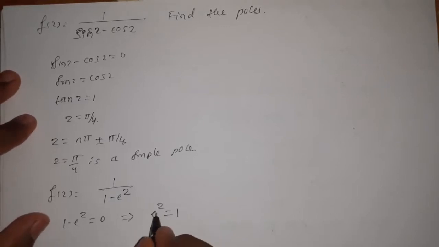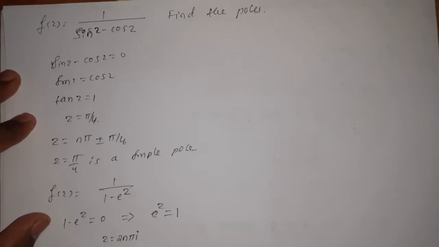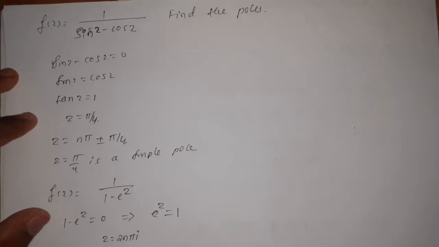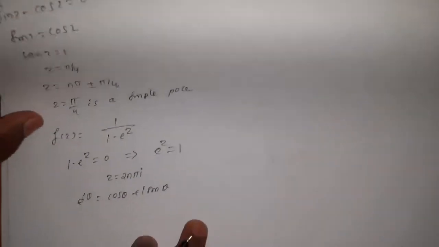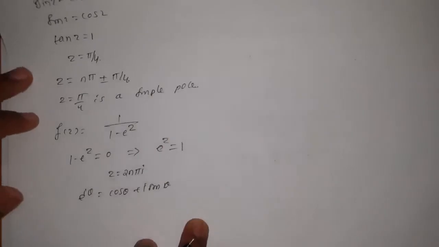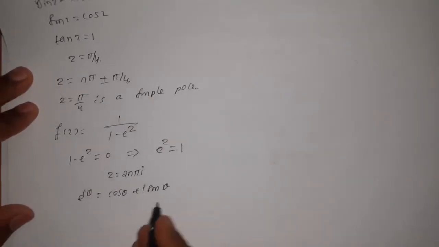So here this z can be written as z equal to 2n pi i, because we know that e power i theta is equal to cos theta plus i sin theta.